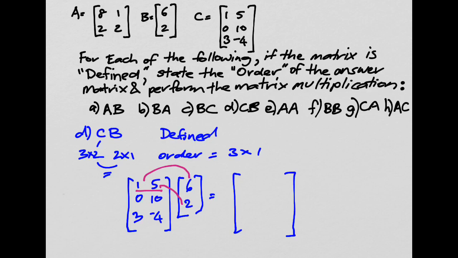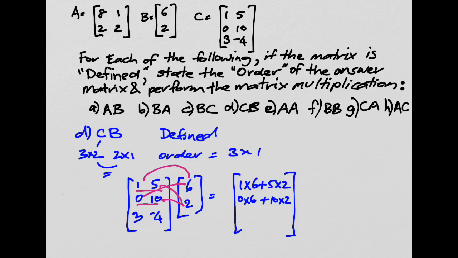So starting with the top row, kind of flip it in our head. I like to put these lines in to help focus. So for the top number, we've got 1 times 6 plus 5 times 2. And then using the second row, multiplying out, you've got 0 times 6 plus 10 times 2.